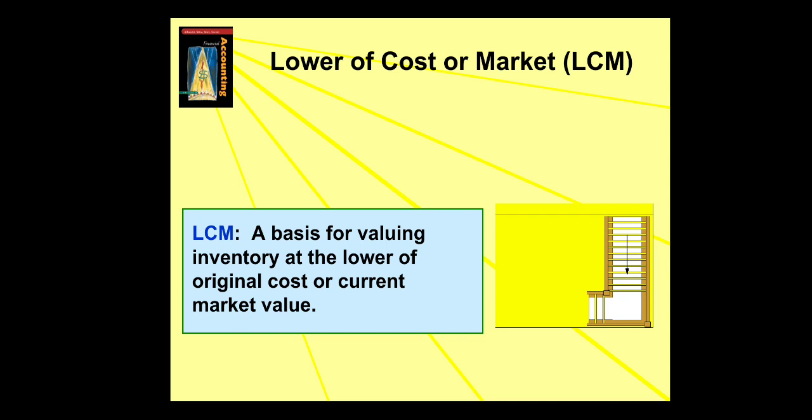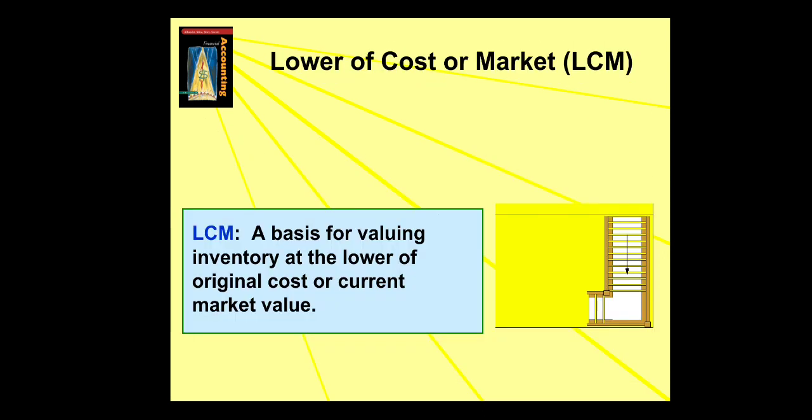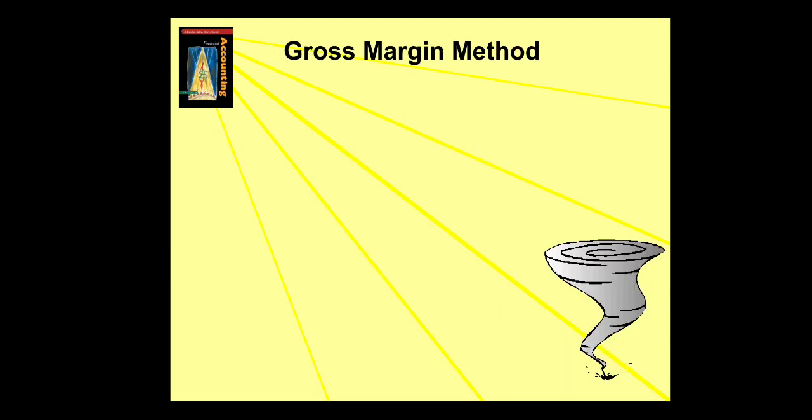Lower of cost or market. So the basic thing is what I have said. When you want to report your inventory in the income statement and balance sheet, you have to record it at the lowest of cost or net realizable value, the lowest number. If I have a sample question related to this, I will share it with you.